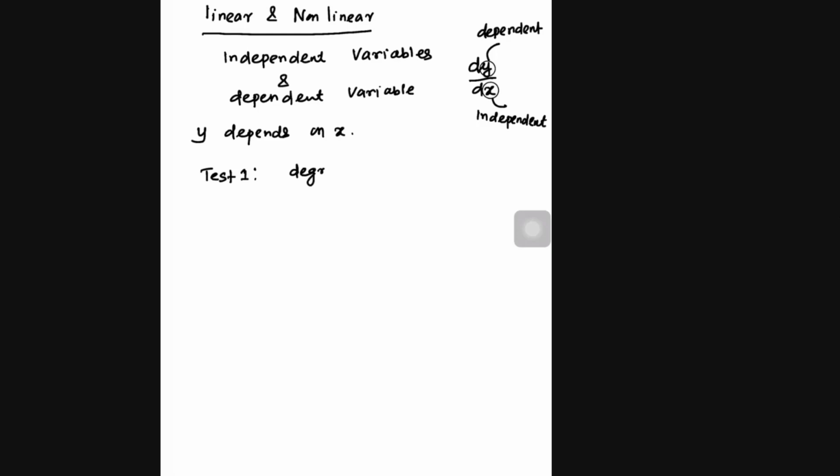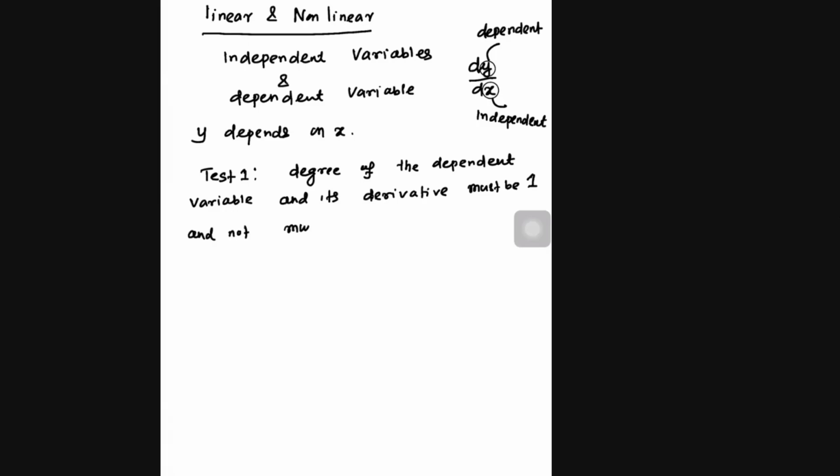Test 1: the degree of the dependent variable and its derivative must be 1 and not multiplied with each other.